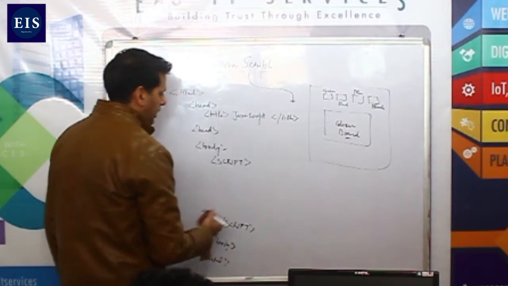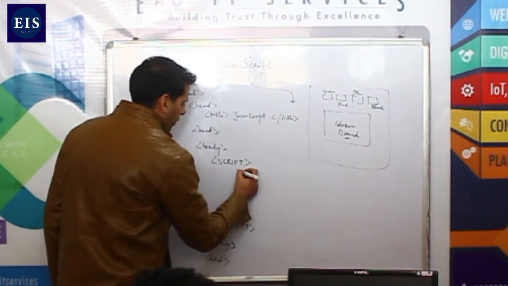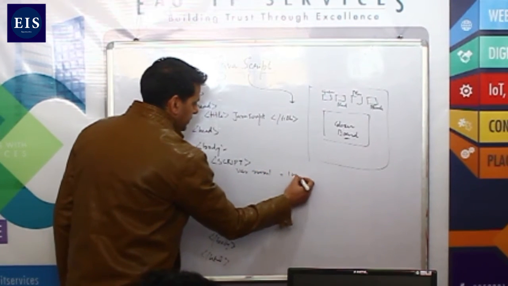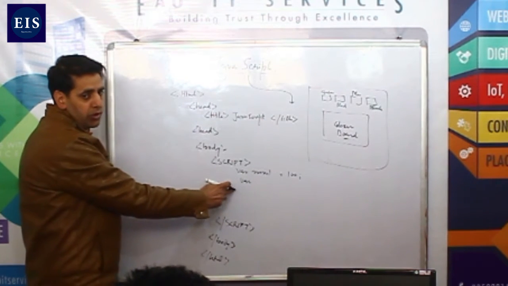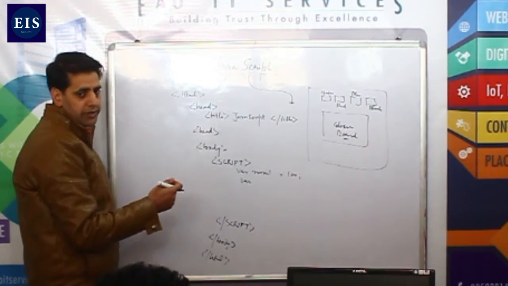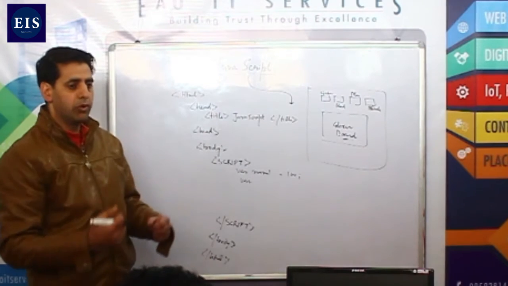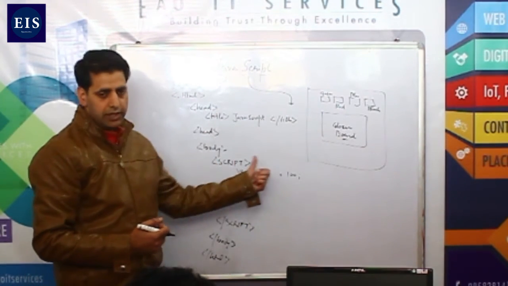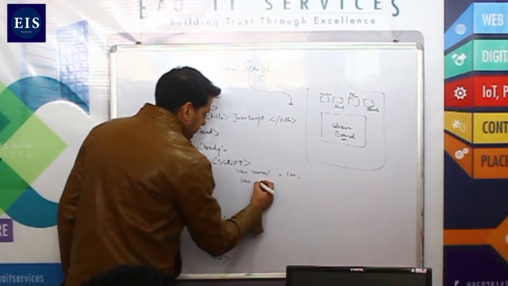So let's say, as we already discussed, a variable sum of two numbers. Var num1 equal, let's say, 100, where var is a keyword used to define a variable. Again, as we discussed, JavaScript is not a strictly typed language. So like in the C programming language, where you use the integer or you define the data type first, then give the variable name, here it's not that way.